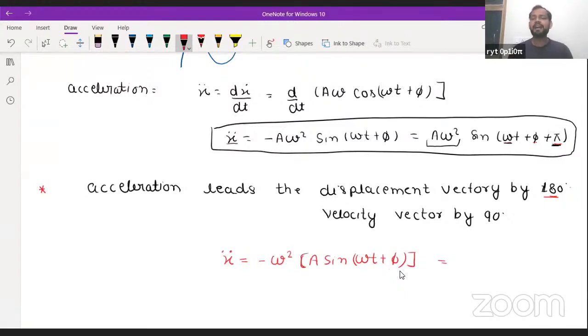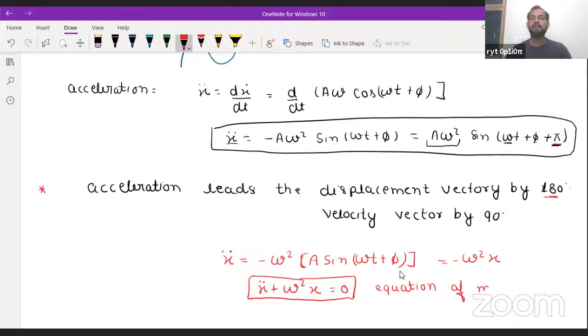So we can write it as minus omega square x, so x double dot plus omega square x equals zero. This is another form of acceleration, in terms of displacement. This is also known as the equation of motion of SHM in terms of acceleration.